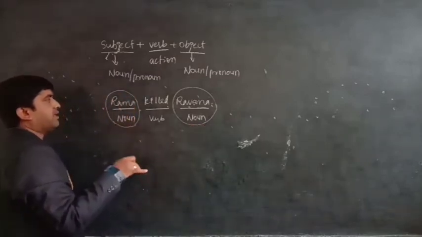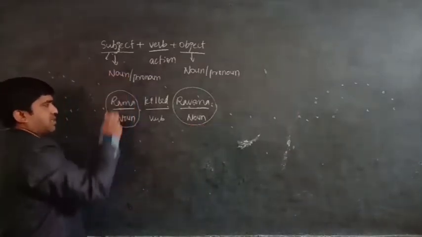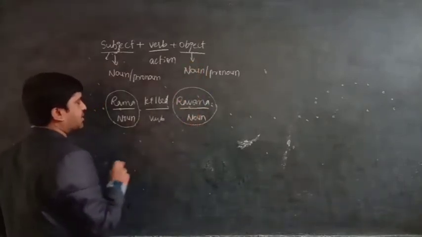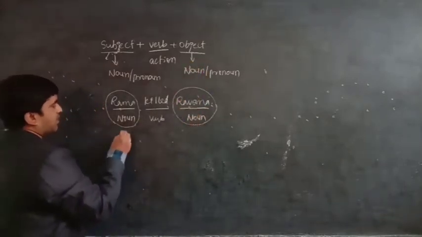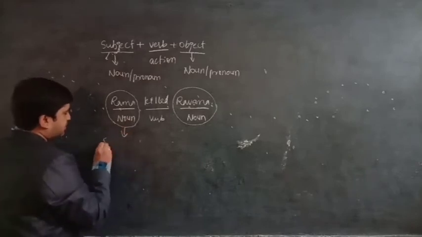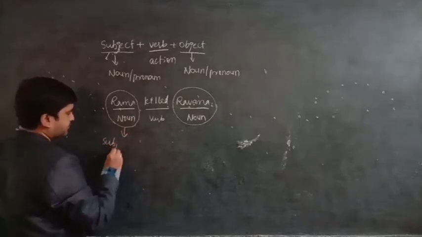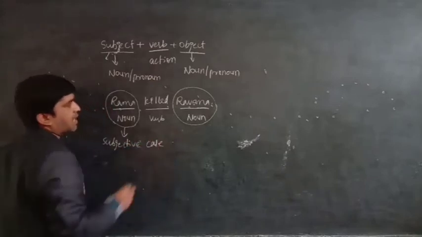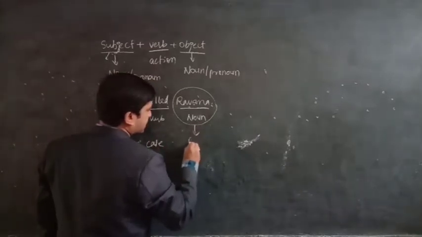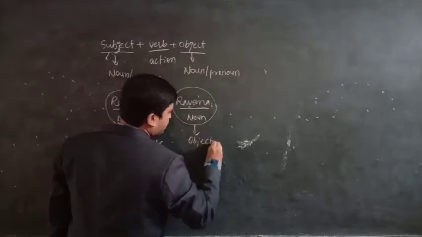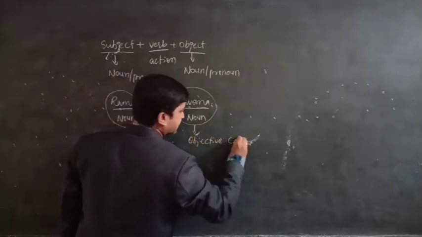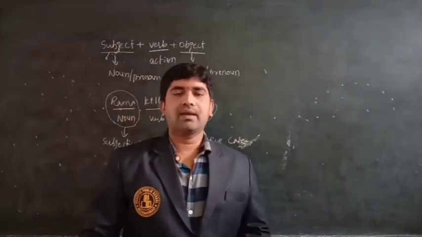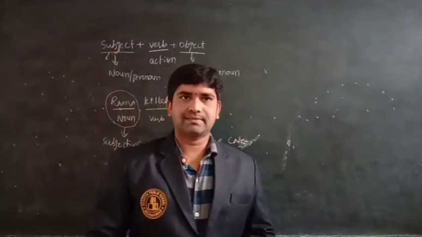For writing a noun in the subject place and a noun in the object place, we have some rules. We call it subjective case, and here we call it objective case. Our today's topic is noun case.